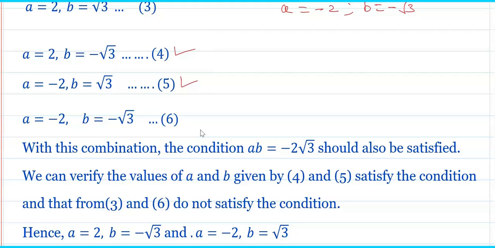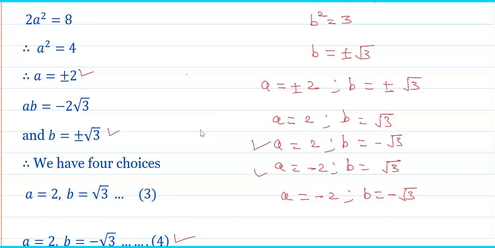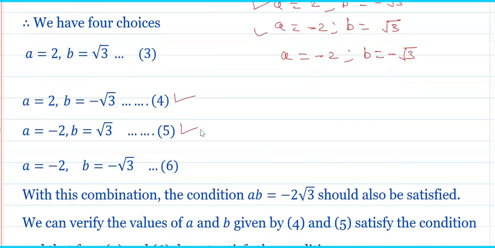With this combination the condition ab is equal to minus 2 root 3 should also be satisfied. We can verify that the values of a and b given by options 4 and 5 satisfy the condition. Which condition should be satisfied? ab is equal to minus 2 root 3. It is satisfied in the fourth and fifth. For the first and second, the product of the two is positive. For the sixth also, minus times minus is positive. But here plus and minus, you will get minus.